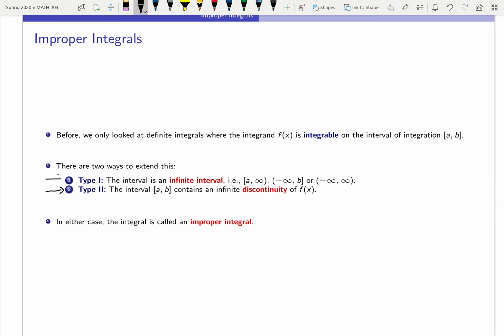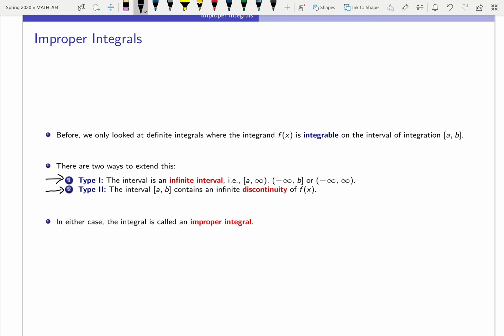And the first type that we will talk about in this video is when you are integrating from a to infinity, so when one of the limits or both are infinity. So here we're talking about an unbounded area, but sometimes this unbounded area may not be infinity, as we will see.